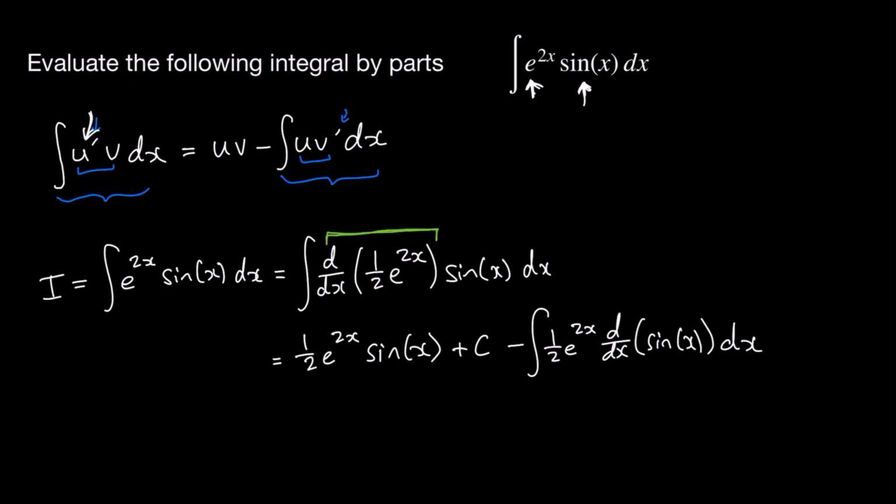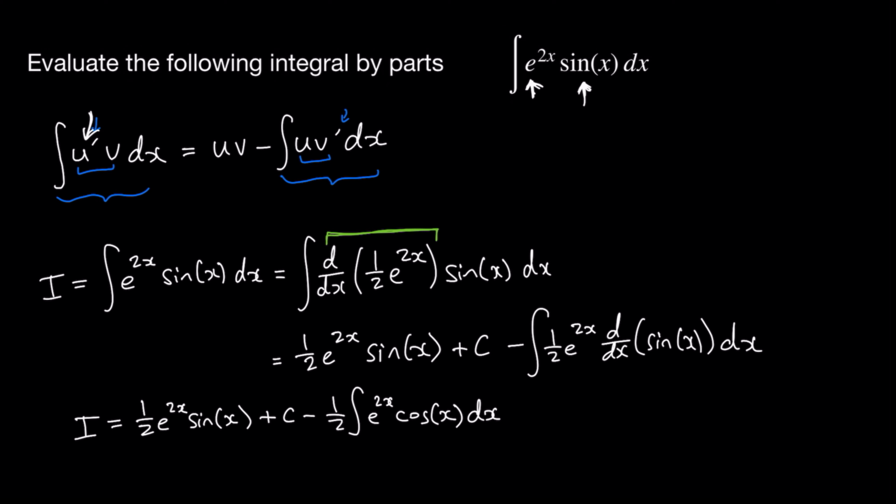So I is equal to half e to the 2x sine x plus c minus half the integral of e to the 2x and then the derivative of sine x, which is cos x.